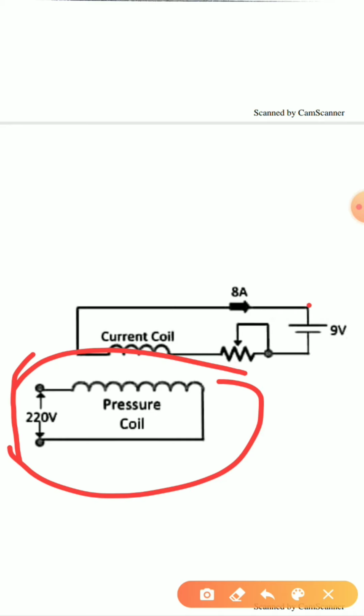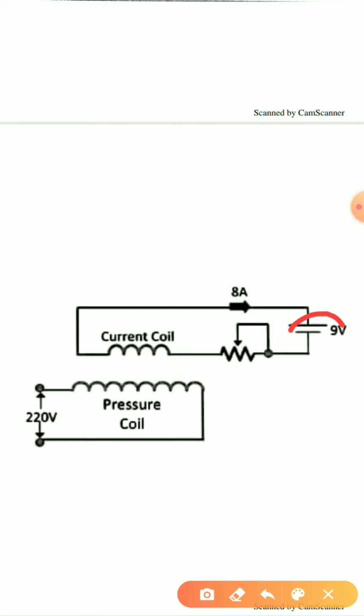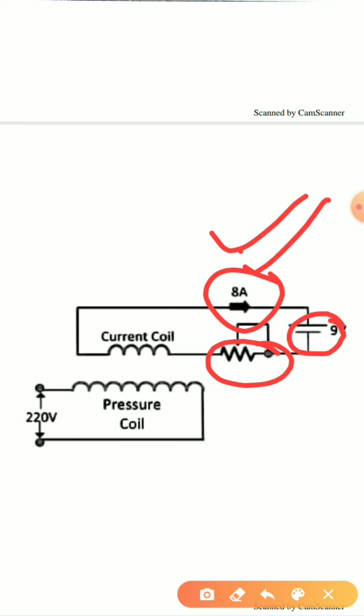Now the current coil circuit will be connected across a low voltage supply. Whatever amount of current has to flow, I'll connect a variable resistor and, using the variable resistor, make that amount of current flow across the current coil.